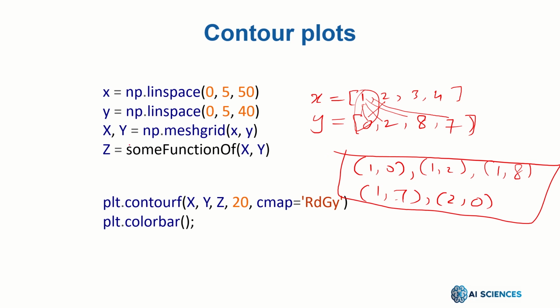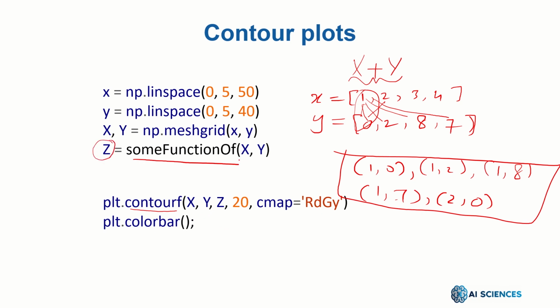And on these grids, you can define some function. For example, the function might be simply x plus y, or some arbitrary function. Then you can see the contours, where the contours are the places where the function has the same value.